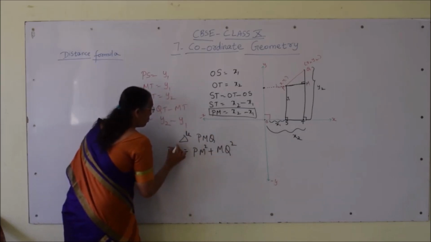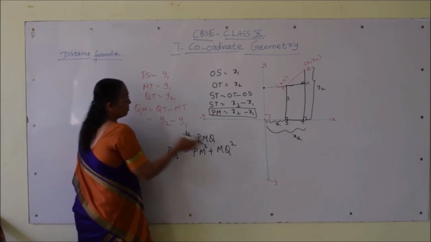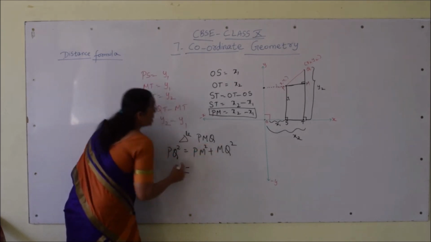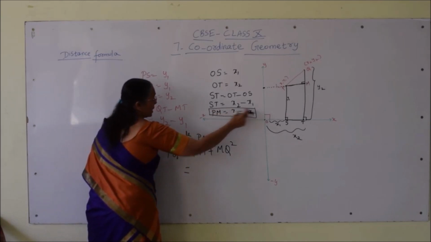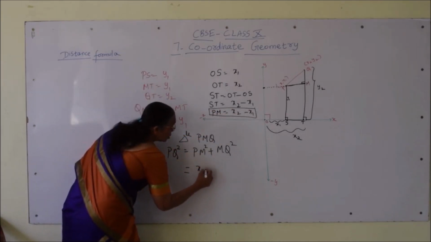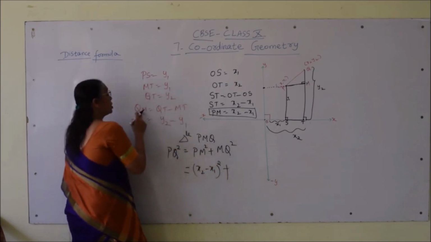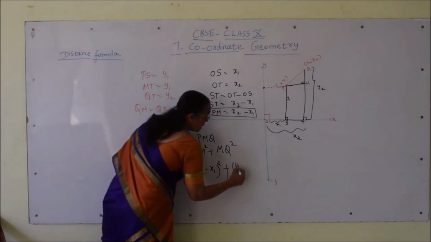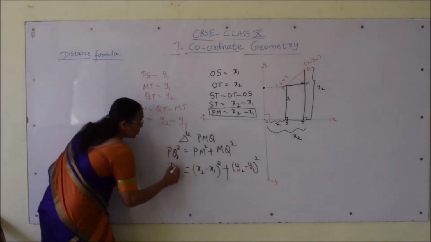So already we have found PM and QM. QM is the same as MQ. So PQ square is PM square, PM is x2 minus x1, so x2 minus x1 whole square, plus MQ square, y2 minus y1 whole square. So this is nothing but PQ square.